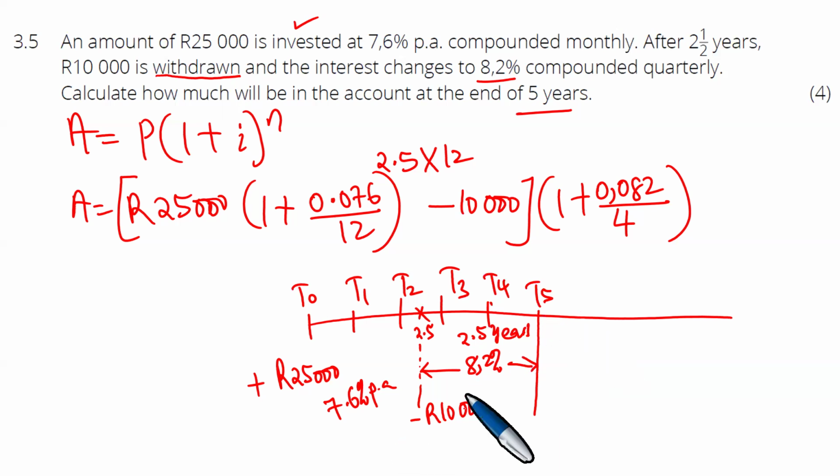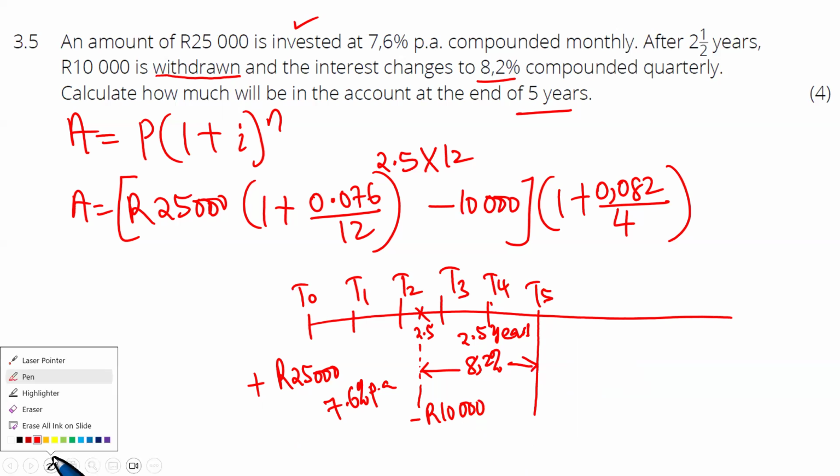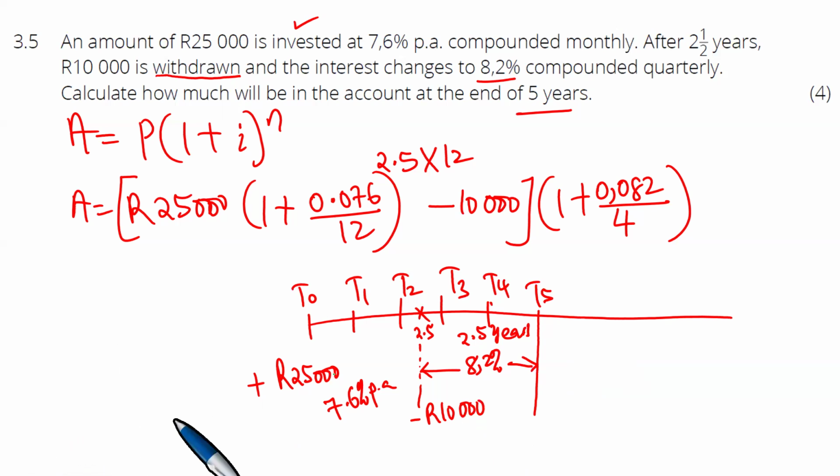So at this point, you need to analyze the timeline, but also take into account what is happening. Let us reason together. You need to calculate how much will be in the account at the end of 5 years. So we want to know how much is going to be there.